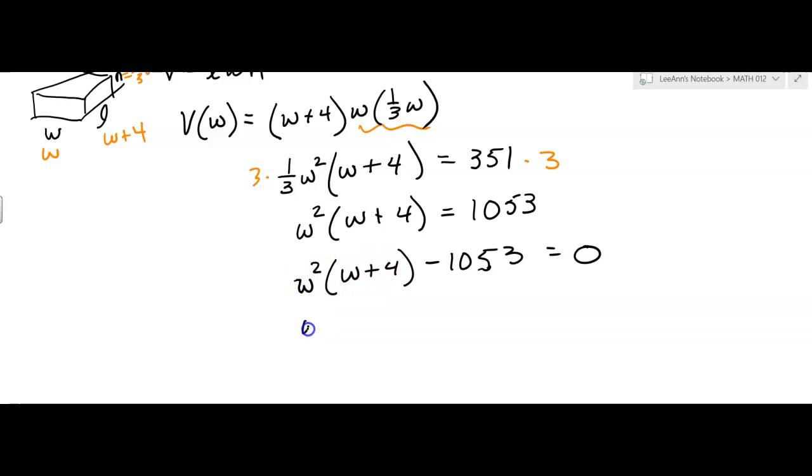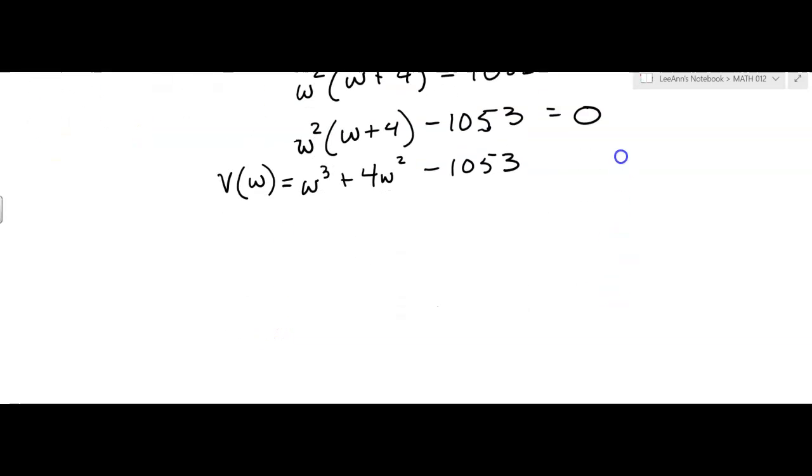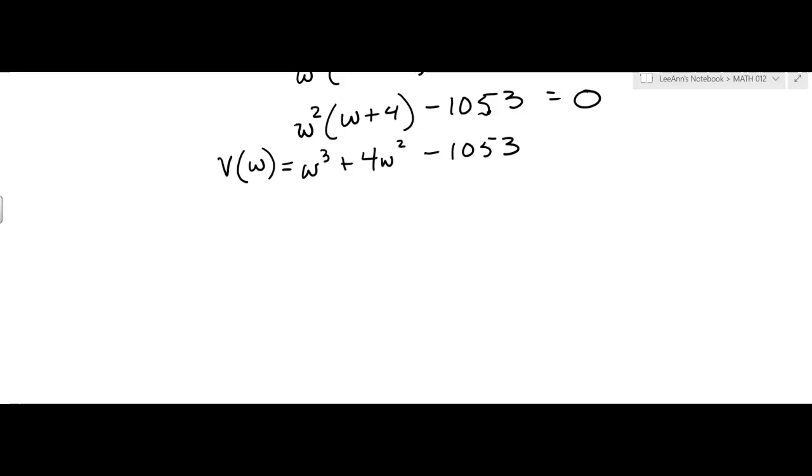I'm going to distribute. So W cubed plus 4W squared minus 1053. And that's what I want to find the 0 of. So I can write it as a function, volume on W, and it would look like that. Okay, so now I want to use some of the ideas that we've been using in this section.